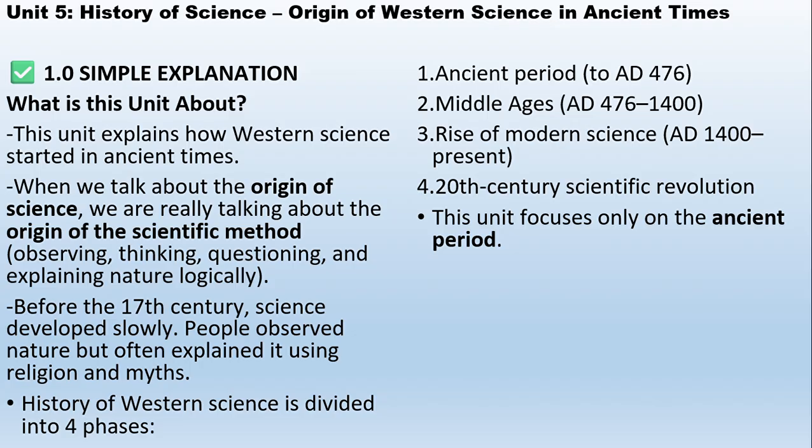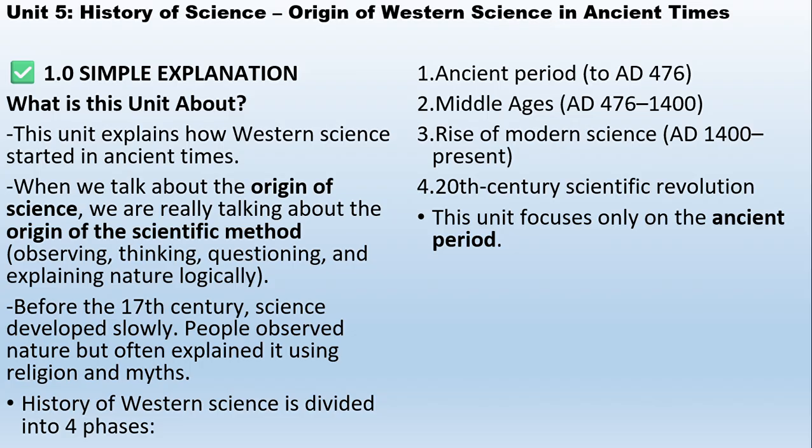Our two previous units covered observation, problem definition, experimentation, hypothesis, if you can remember. So we want to look at the origin, how they were able to discover the scientific method, the observation, the problem definition.